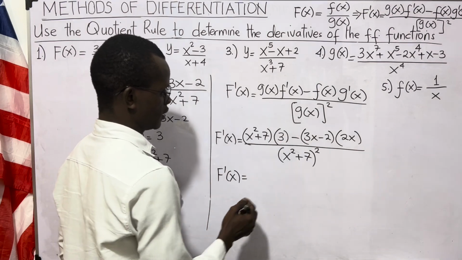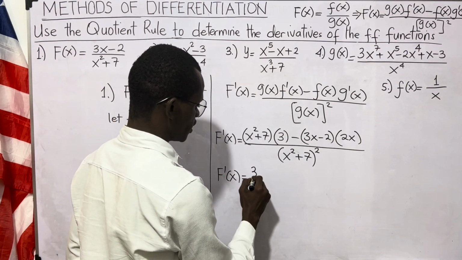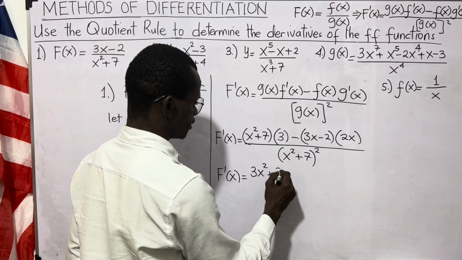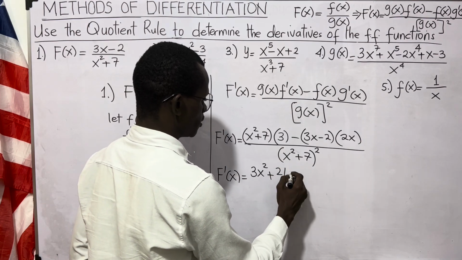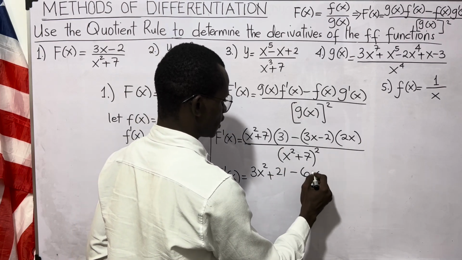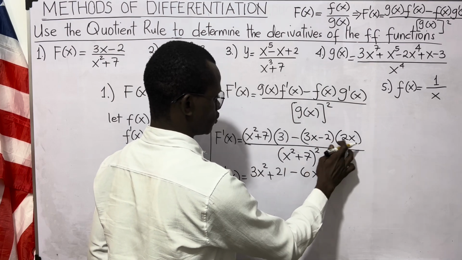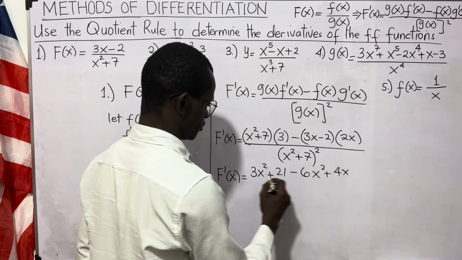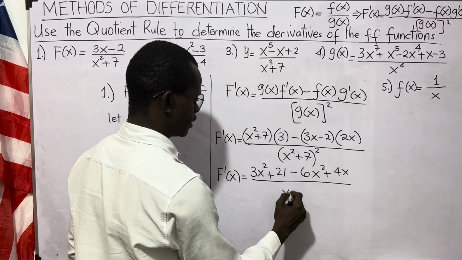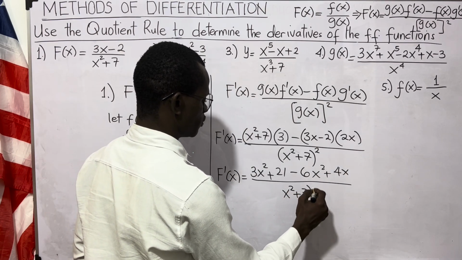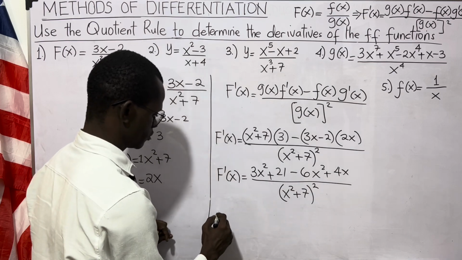So you just simplify. So it's 3 times, this is 3x squared plus 21 minus 6x squared, negative times negative is positive, 2 times 2 is 4x, divided by x squared plus 7 raised to the second power.